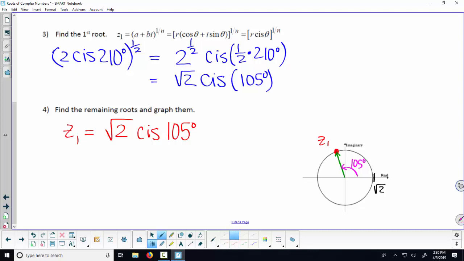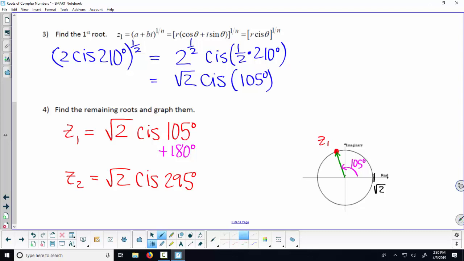To get my next root, they're spaced 180 degrees apart, so I basically just add 180 to that. So my second one is still on a circle of radius square root of 2. It's on a direction angle or terminal side of an angle of, what is that, 295? Which would be 180 degrees from there.